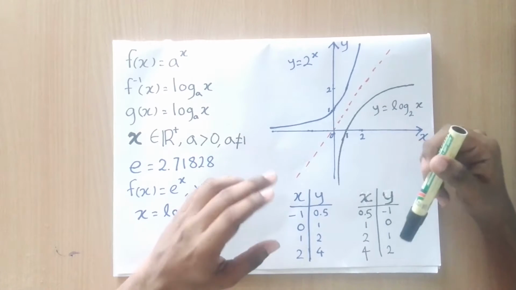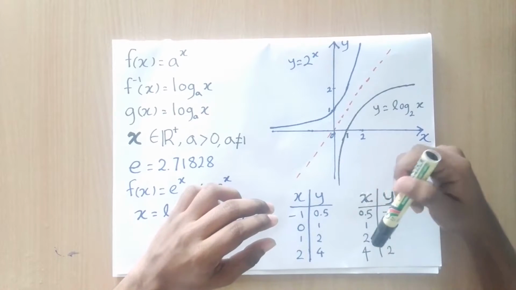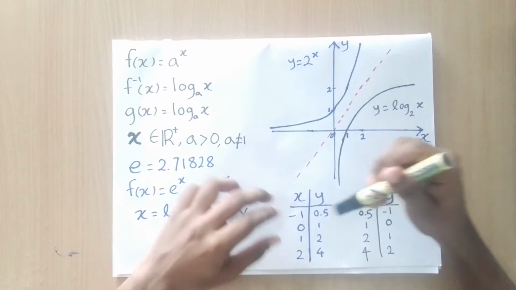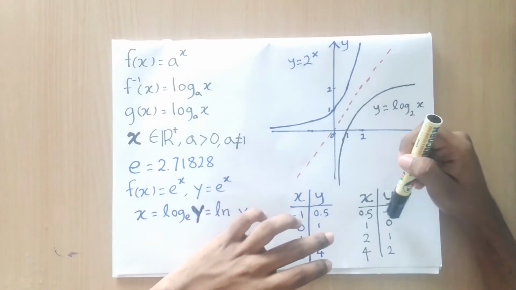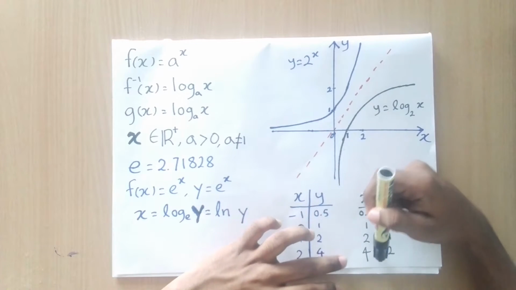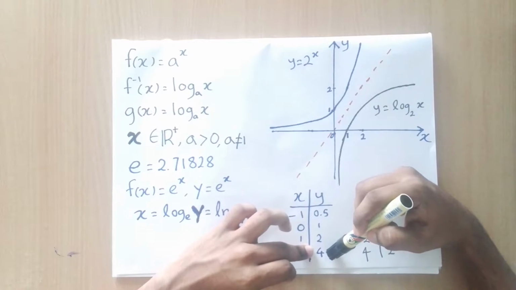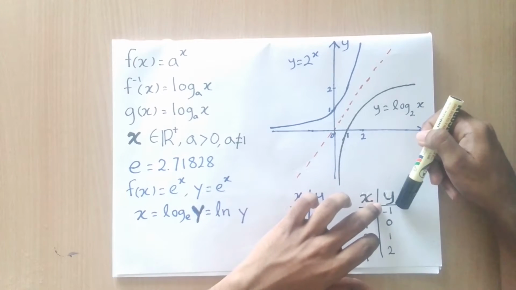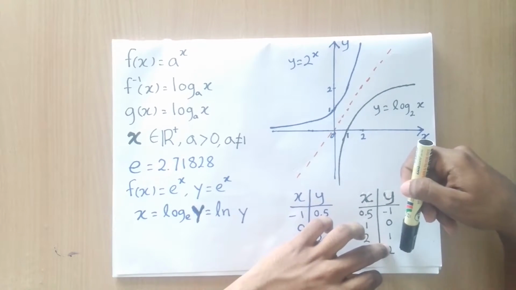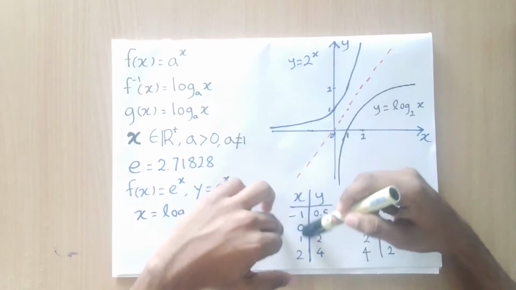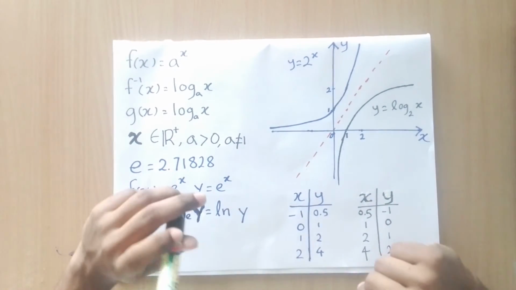Notice that the x and y values have been switched from the previous table. The x values 0.5, 1, 2 and 4 are the y values of the exponential function. Similarly, the y values of the logarithmic function are the x values of the exponential function.